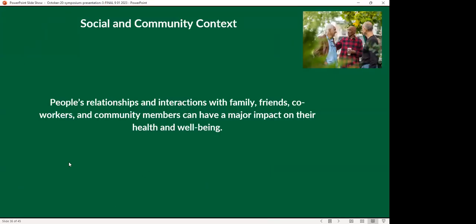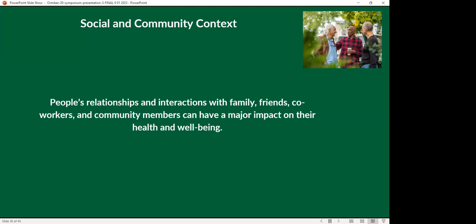And then we are almost finalizing this, and I am going to close it with social and community context. And that is people's relationships and interactions with family, friends, co-workers, and community members can have a major impact on their health and well-being.